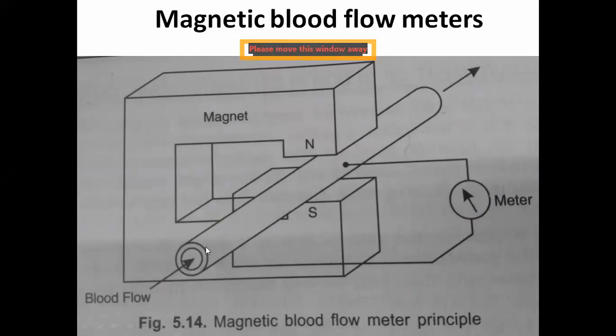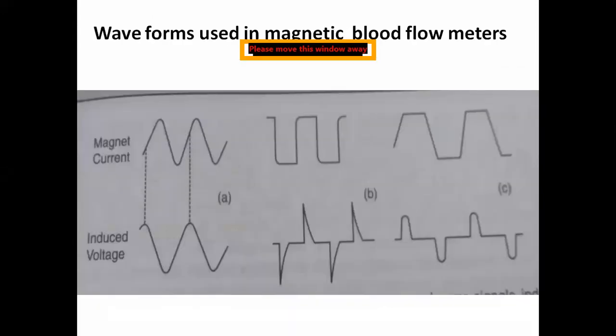If the velocity of the blood flow increases, then the amplitude of the output increases. If the blood flow velocity increases, then the induced EMF amplitude also increases, and we will get higher voltages. Like this we have the principle, and we can apply the waveforms.